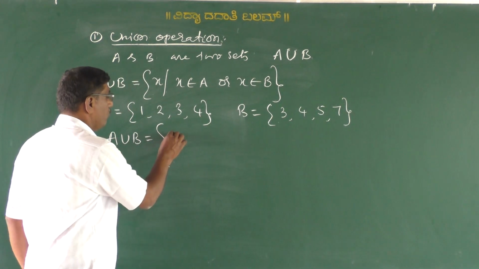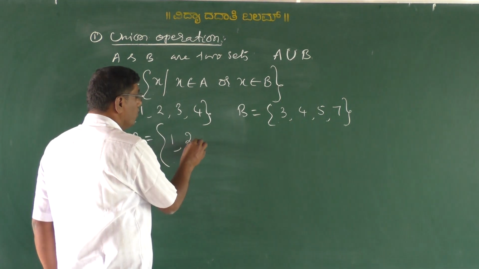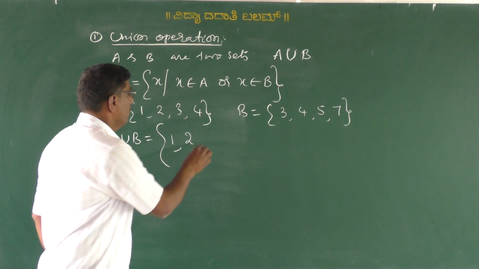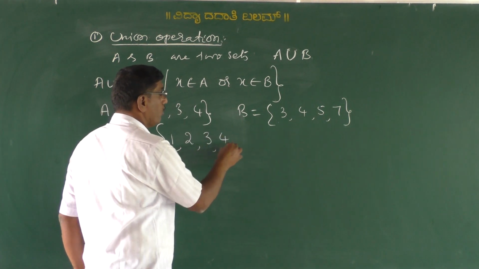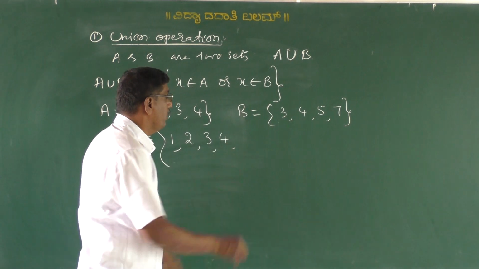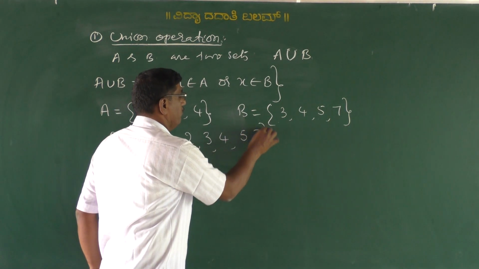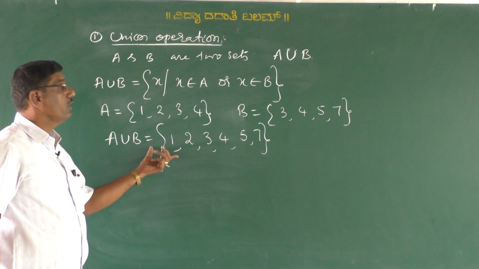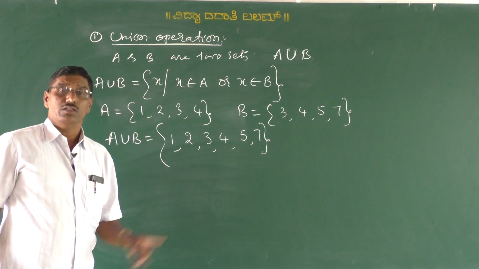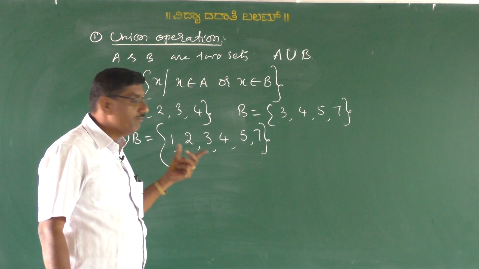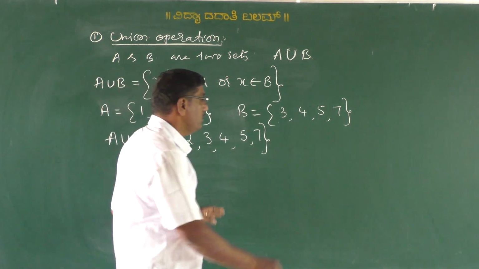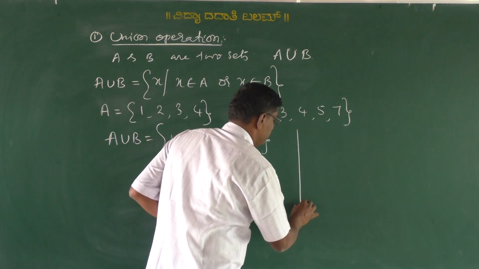That means we take 1, 2, then 3, 4, which are common and written only once, and the remaining elements of B, 5 and 7. This is the union of two sets A and B. The Venn diagram of the union of two sets is represented like this.